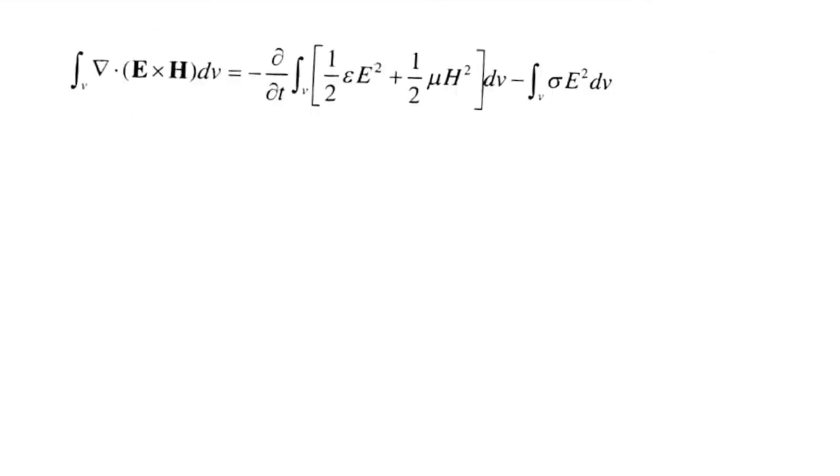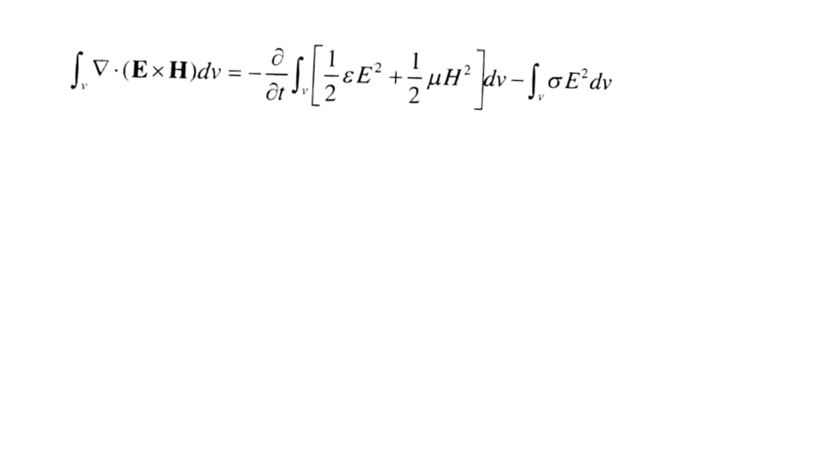The last step which we got was like this, that is, the volume integral of del dot E cross H is equal to minus dou by dou t of the volume integral of half epsilon E square plus half mu H square dV minus the volume integral of sigma E square dV.